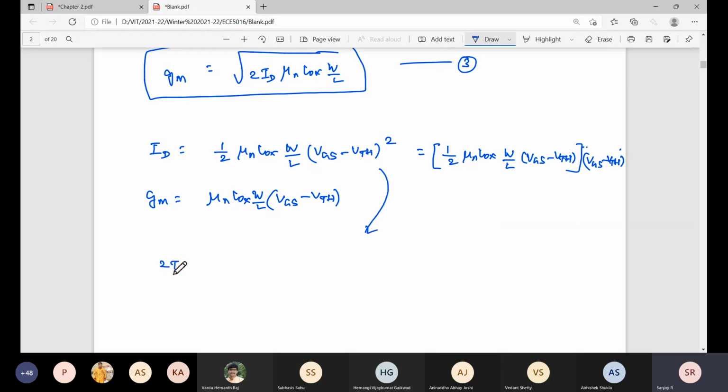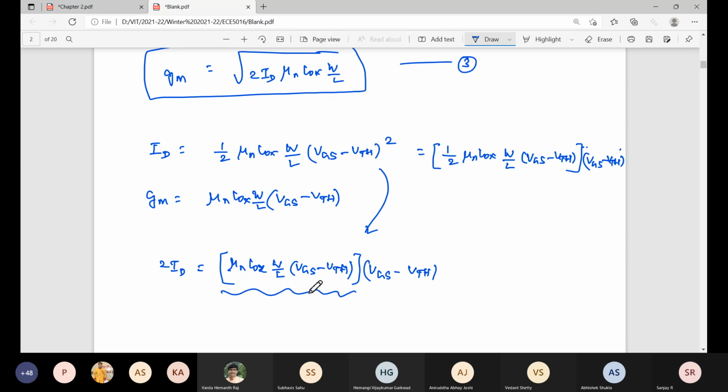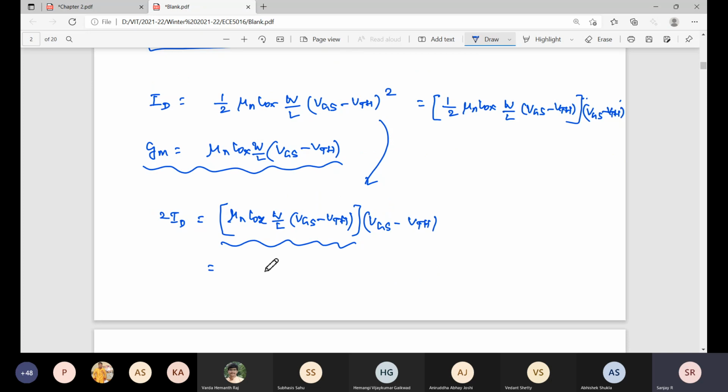So 2 ID into mu n Cox W by L (VGS minus VT) into (VGS minus VT). So what is this term? gm. Am I correct? So simply I write gm into (VGS minus VT).